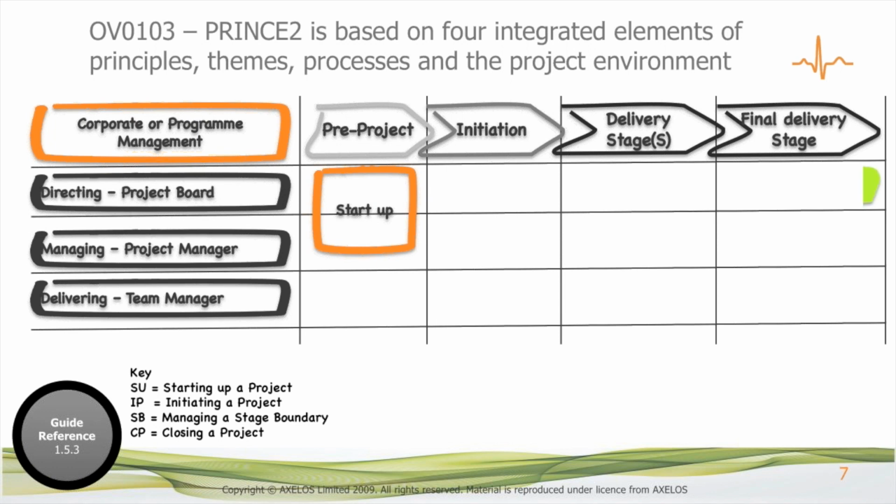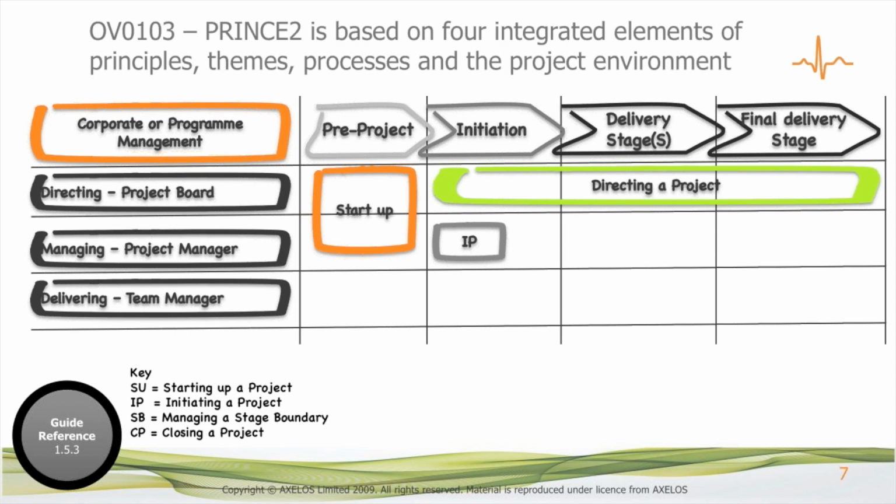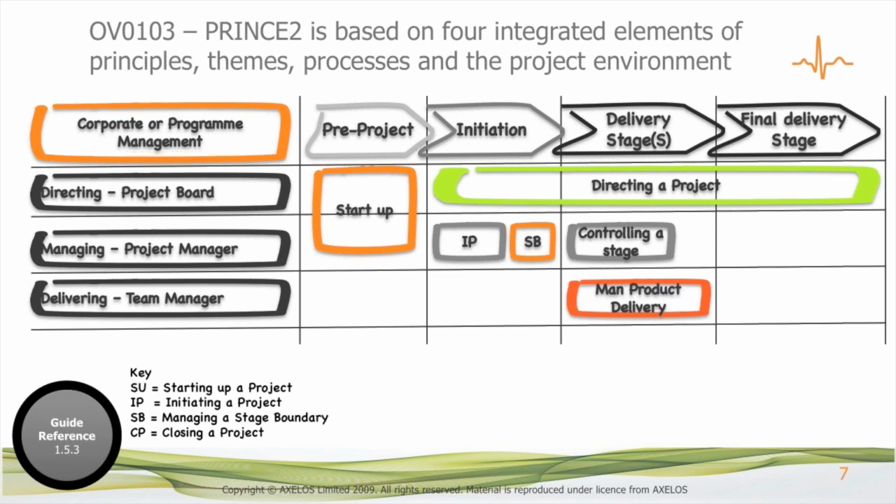And the actual processes used for those are called starting up a project, directing a project as overall governance and approvals from the project board, and initiating a project. That's a process called managing stage boundaries to manage the boundaries between one stage and another. Controlling a stage is all about actually making sure that things are on track, so monitoring and reporting, and making sure that you're getting the progress as you expect.